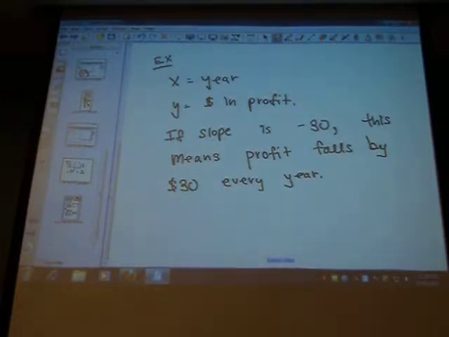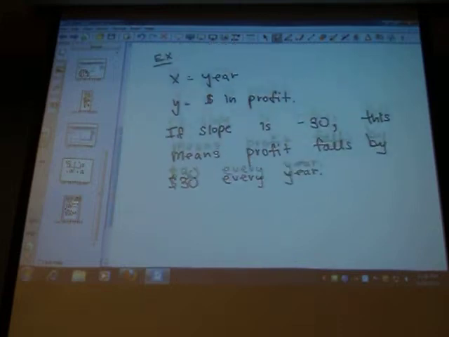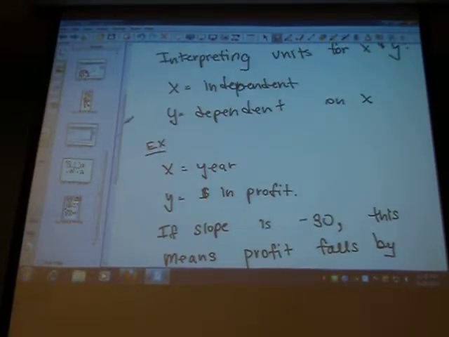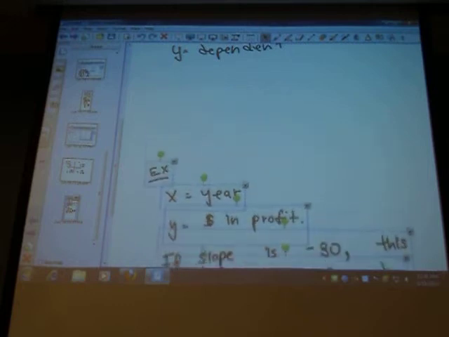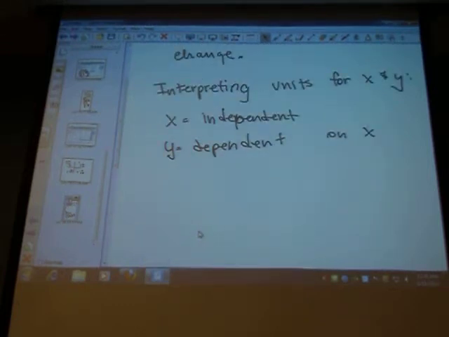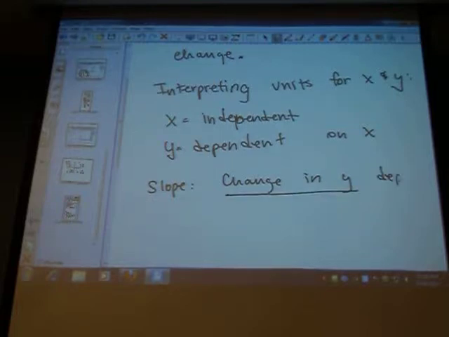So when I say X is independent and Y is dependent, then the change in Y depends on X as well.